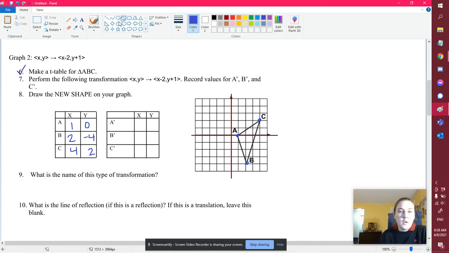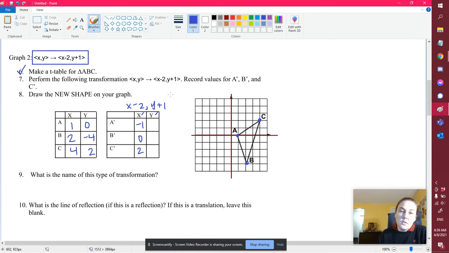Boom. Let's check out what our transformation says. Our transformation says our new x is the old x minus 2, and our new y is our old y plus 1. Okay, so let's do all the x's first. If our new x is just our old x minus 2, we say 1 minus 2 is negative 1, 2 minus 2 is 0, and 4 minus 2 is 2, right?